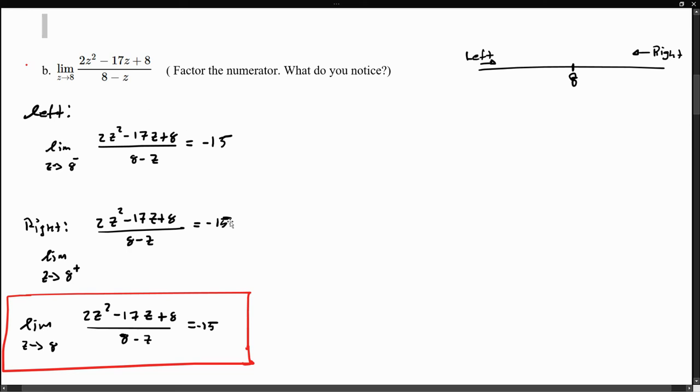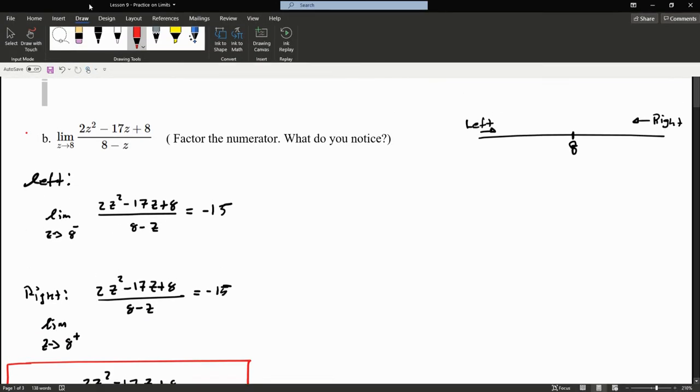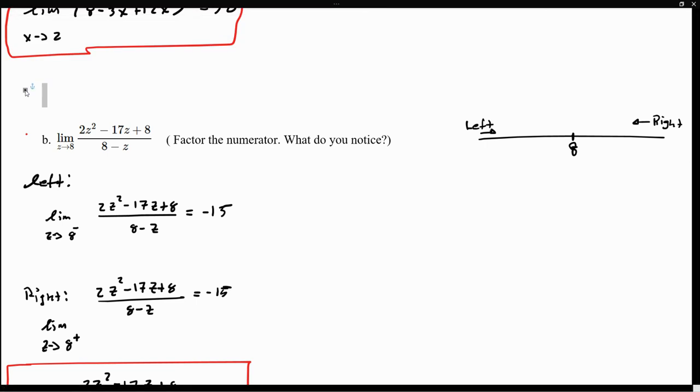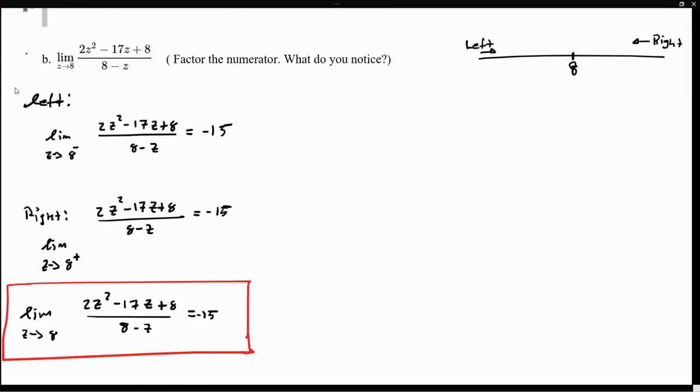Well, one way to realize what's going to happen here is to factor the numerator. So let's factor the numerator and let's see what happens to that simplified version of the original function. If we factor the numerator, we're going to end up with 1 minus 2z times 8 minus z, and the denominator is still 8 minus z.